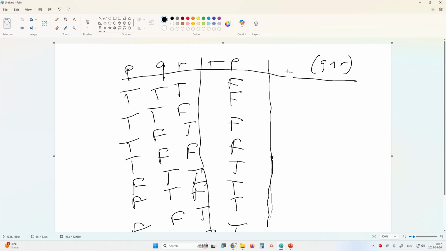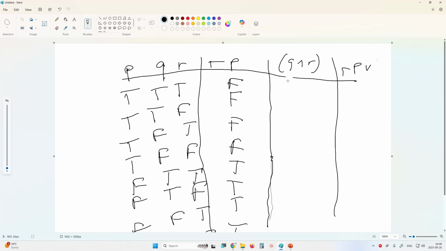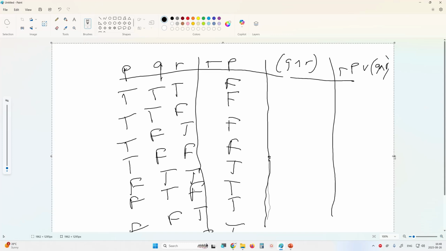I'm going to start by this, and then the last one is going to be the final one. It's not P, or, Q and R. So we try to do that step by step to be able to answer that question.